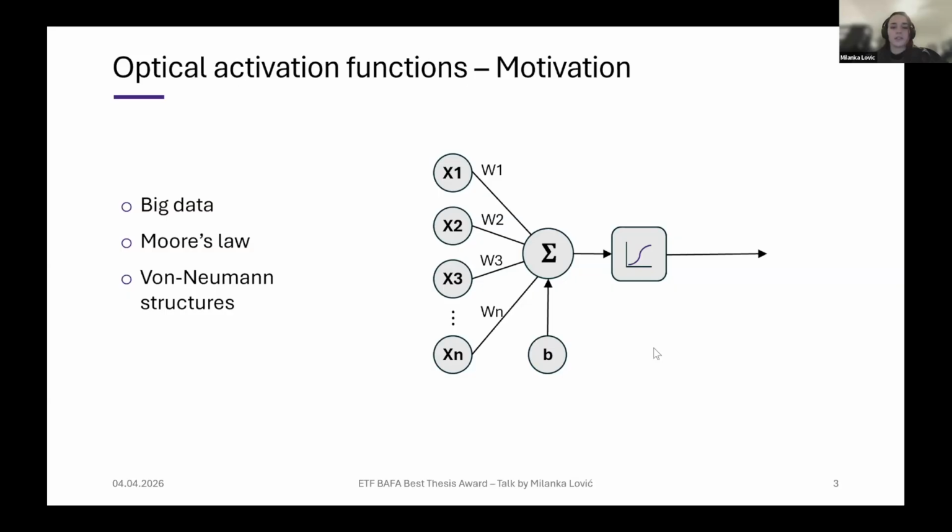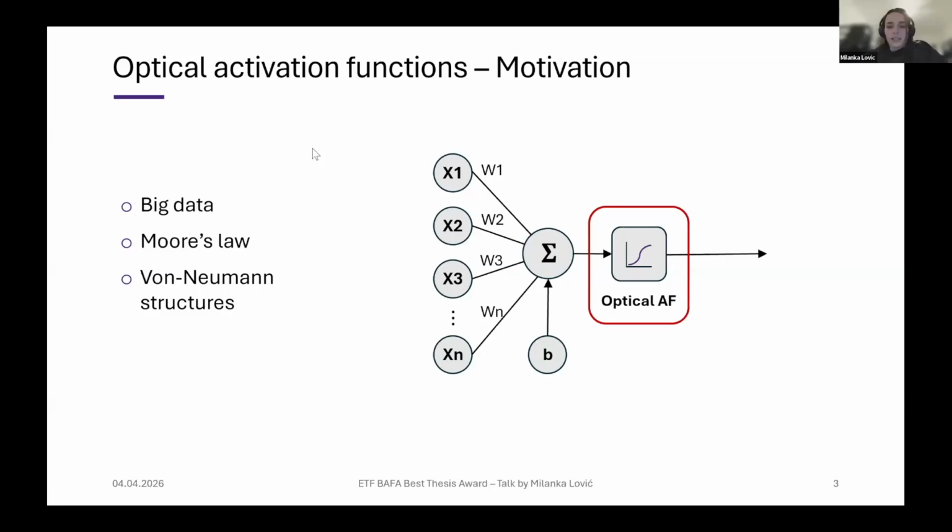And furthermore, if we apply this neuromorphic computing paradigm in the optical domain, it can lead to a further increase, given that some calculations, such as matrix multiplication, are faster in the optical domain.